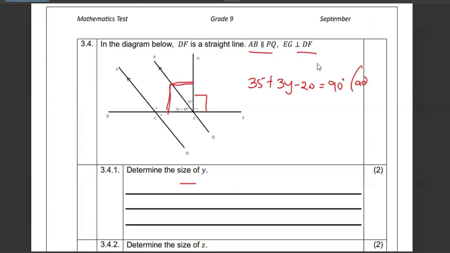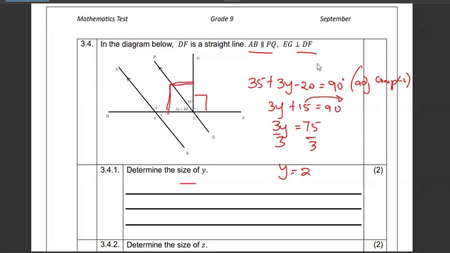Reason, adjacent complementary angles. So what is 35 minus 20 is going to be 15. And then what is 90 minus 15? That gives me 75. Divide by 3, divide by 3. So 75 divided by 3 gives me 25. Okay, so we get 25 degrees for that.